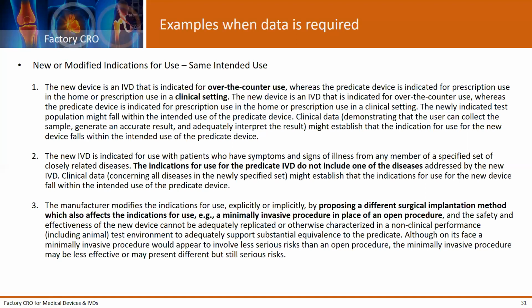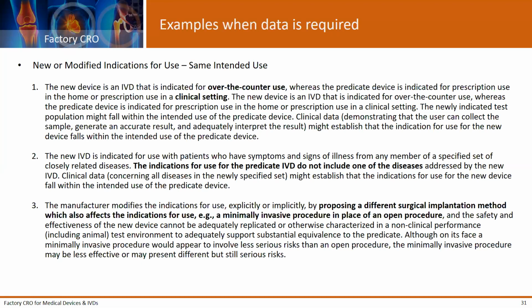And obviously, your predicate device, your comparator, needs the same intended use. So when a new device is an IVD that is indicated for over-the-counter use, whereas the predicate device is indicated for prescription use in home or prescription use in a clinical setting.